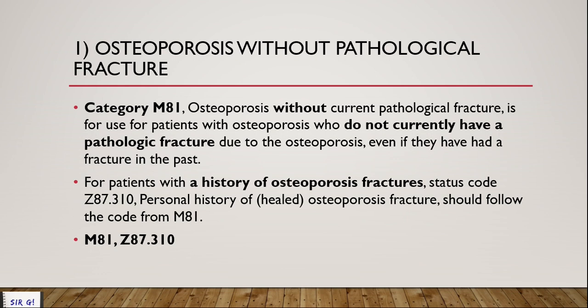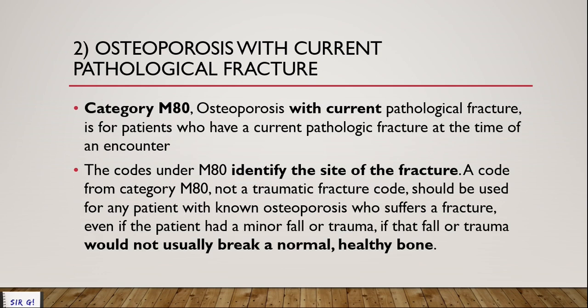Guys, this is different from the next category, which is your M80, because category M80, osteoporosis with current pathologic fracture, is for patients who have a current pathologic fracture at the time of encounter. For M80, we need to identify the site of the fracture because we need to be very specific.